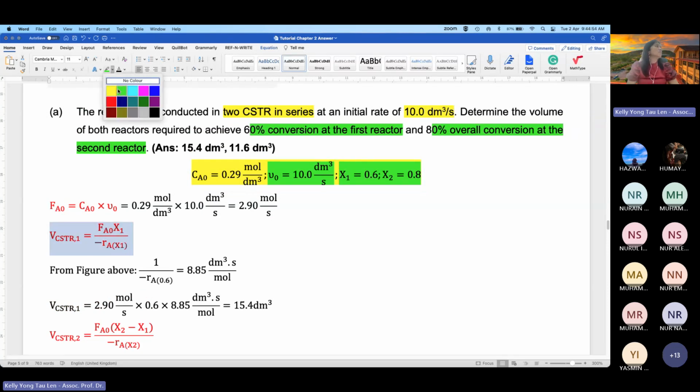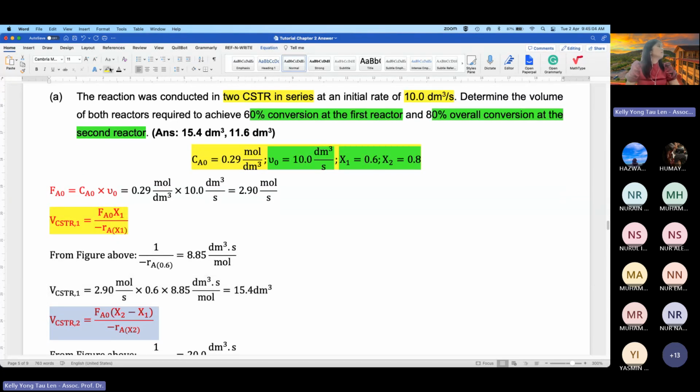The first, to find CSTR1, is FA0 X1 per minus RA at X1, and the second, to find volume CSTR2, is FA0 times X2 minus X1 per minus RA at X2. These are the two formulas you will definitely use to find volume CSTR1 and volume CSTR2.